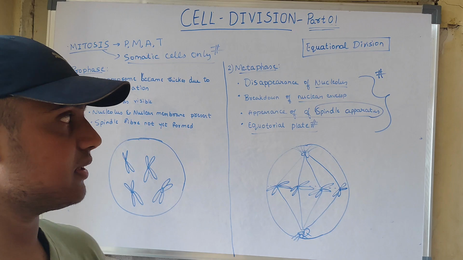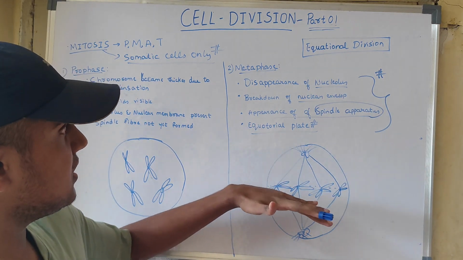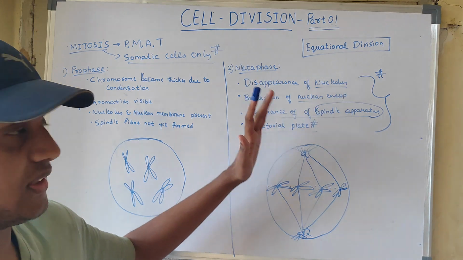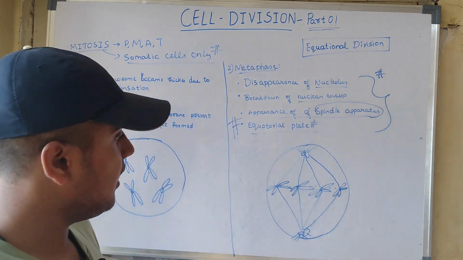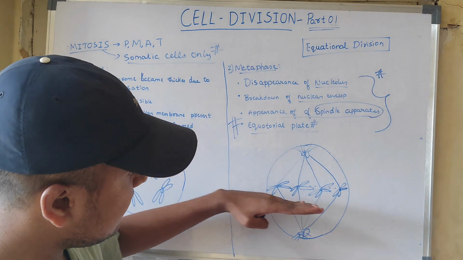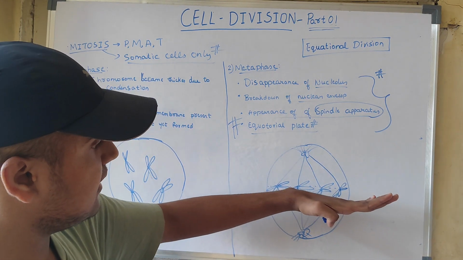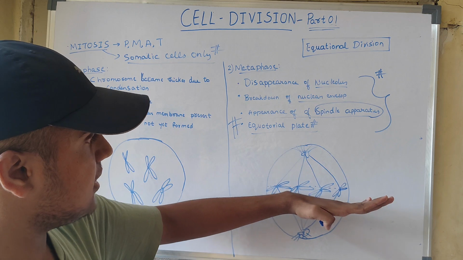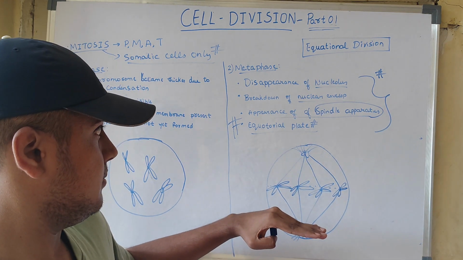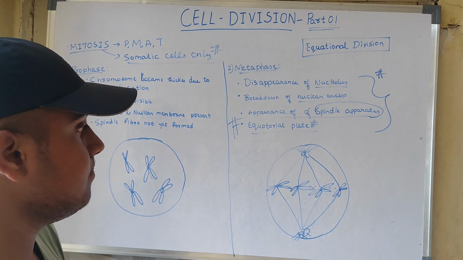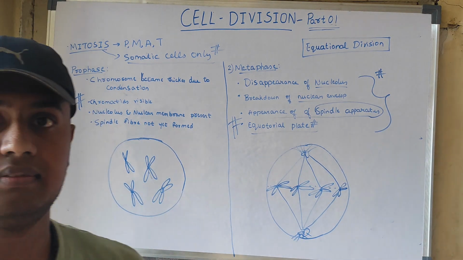Spindle fiber appears from centromere, and equatorial plate formation occurs in metaphase. This is the main characteristic feature of metaphase. All chromosomes lie at the center of the cell. This lying at the center is termed equatorial plate or metaphase plate. These are all the characteristics of metaphase.